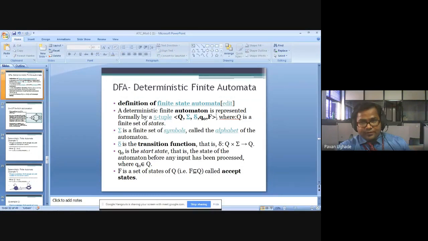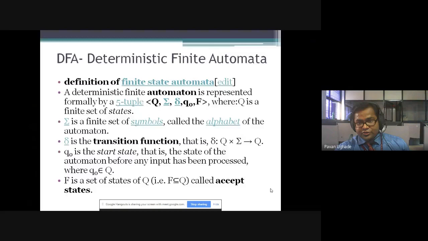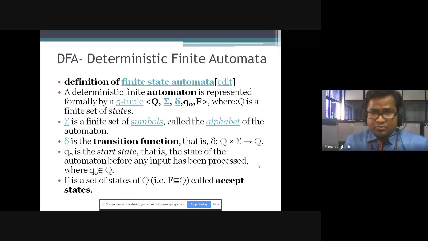What is the definition of a deterministic finite automata? This is very important. It gives you 2 marks, and it is crucial to understand the DFA, because from today's class onwards we'll be designing automata, and to understand that we should know the basic knowledge about this.